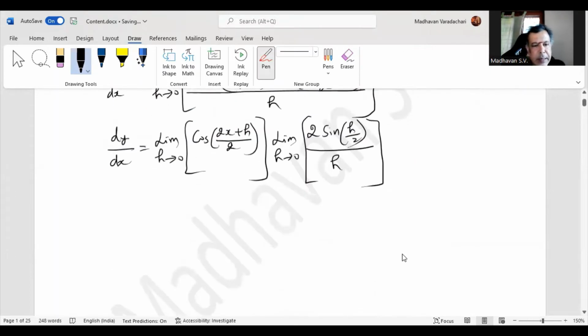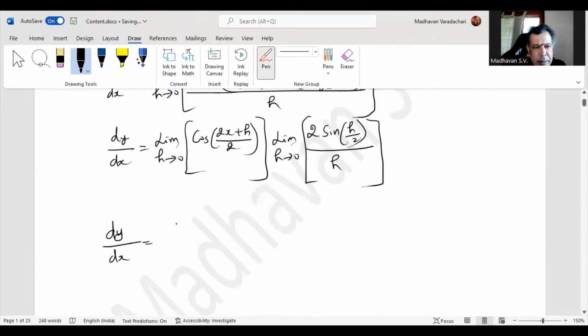Now dy by dx is equal to the limit. Now I think we can substitute the limit here. Apply the limits, meaning h is 0, so this will become 0. You will get 2x by 2.